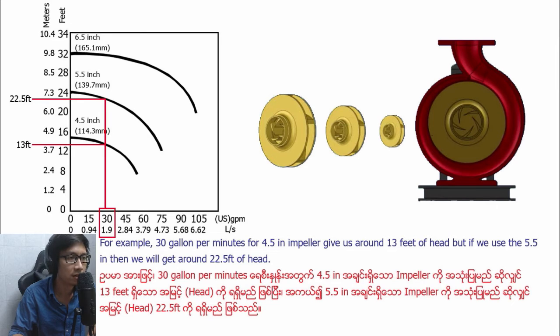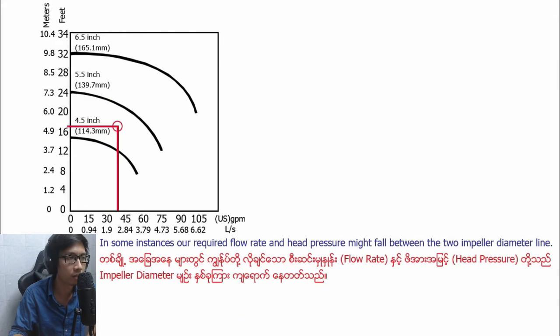For example, 30 gallons per minute for a 4.5 inch impeller gives us around 13 feet of head. But if we use the 5.5 inch, then we will get around 22.5 feet of head.